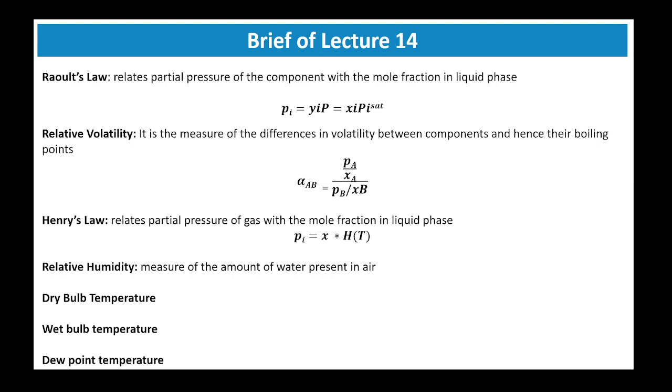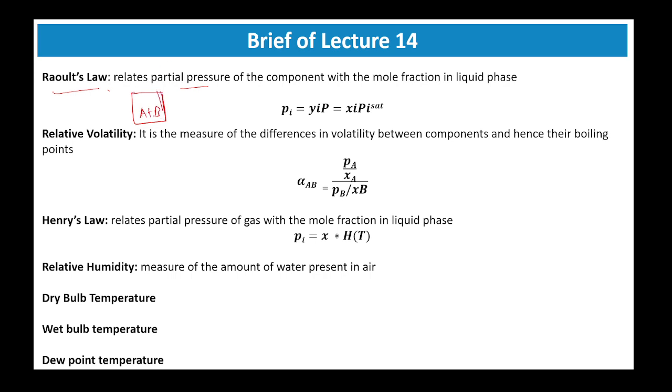Moving forward, the next lecture talked about various terminologies related to equilibrium processes. One such equilibrium law is Raoult's law. It relates, at equilibrium, the partial pressure exerted by any component. Say for example you have a mixture A, B in a closed system.